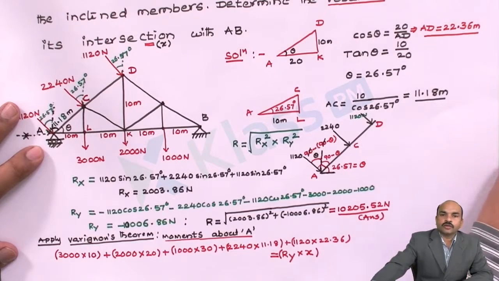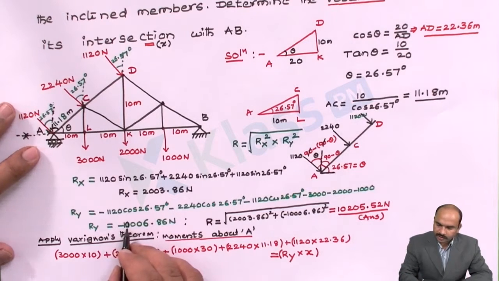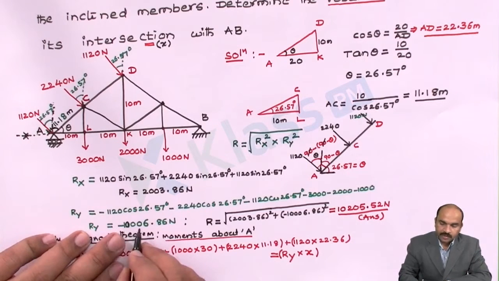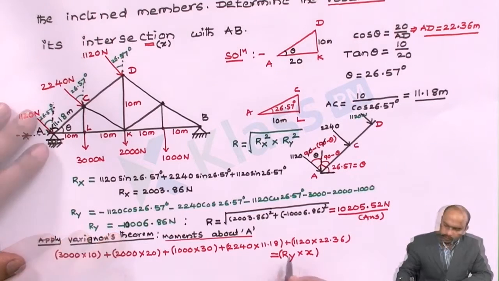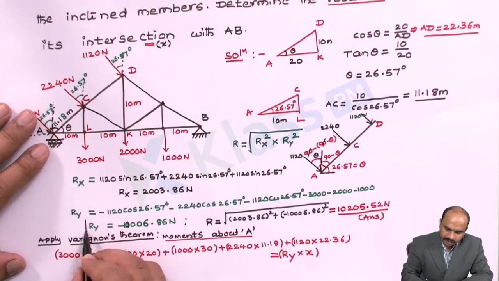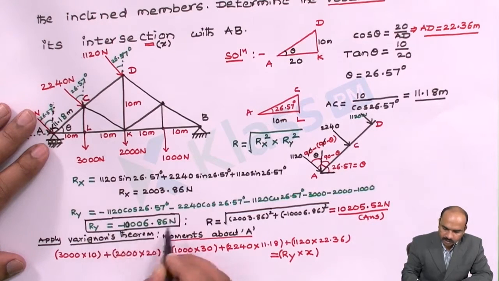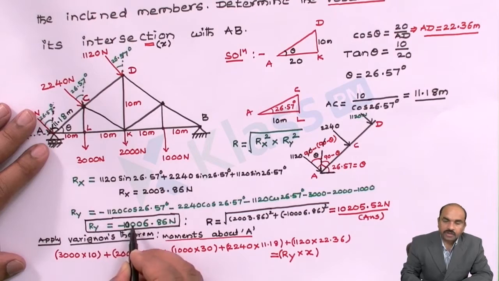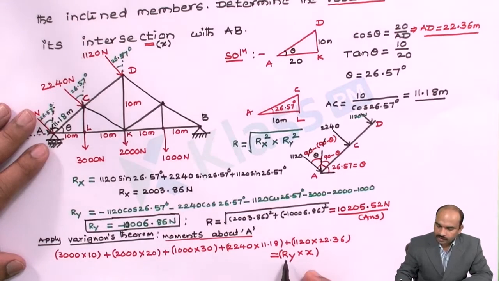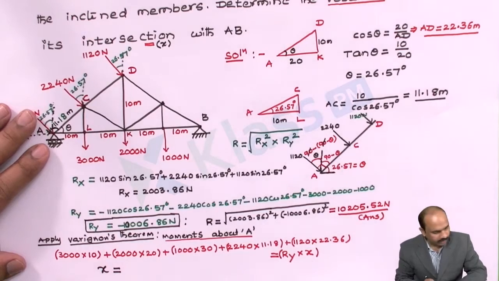And in this we know Ry. So how much is Ry? This is 10,006.86. By substituting this Ry value, 10,006.86 newtons, here, the remaining unknown is x. So we will get this x value from this.